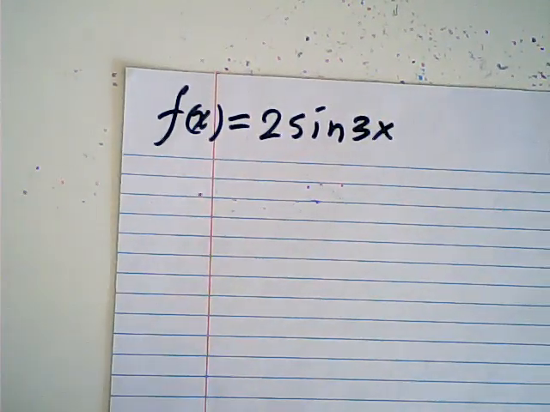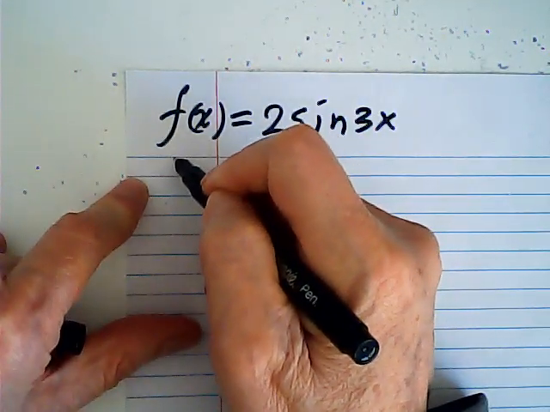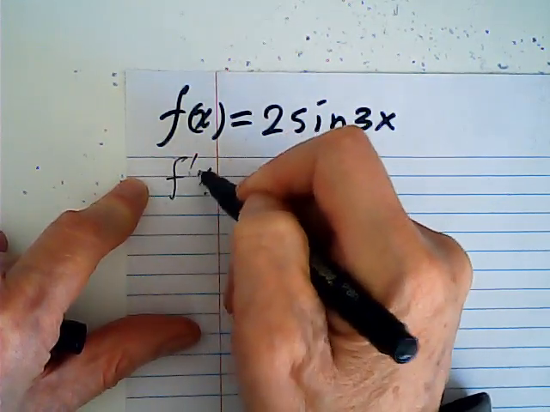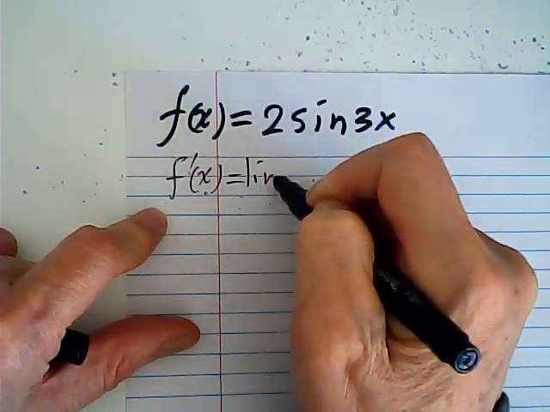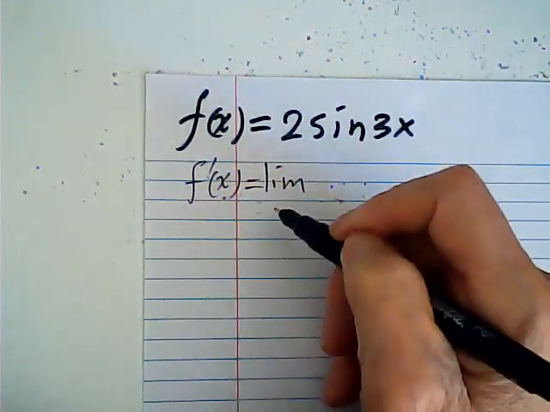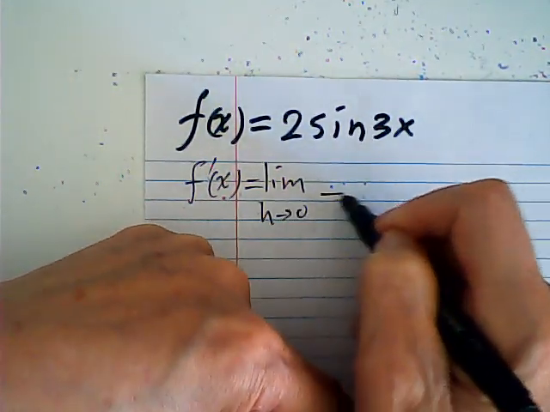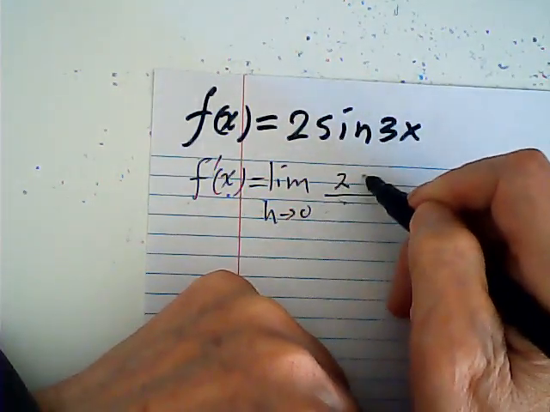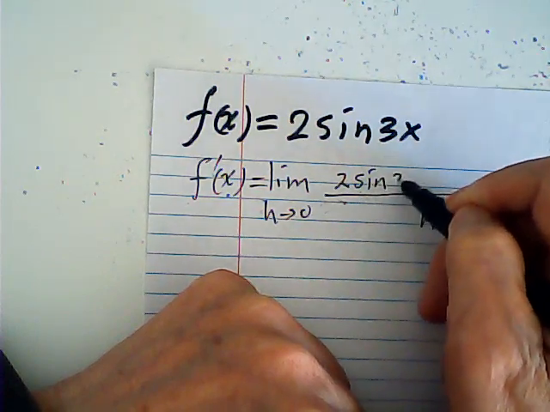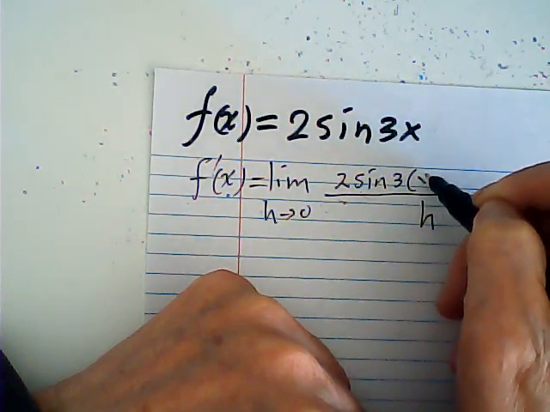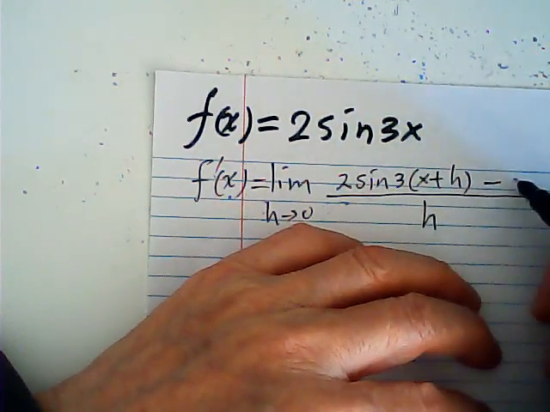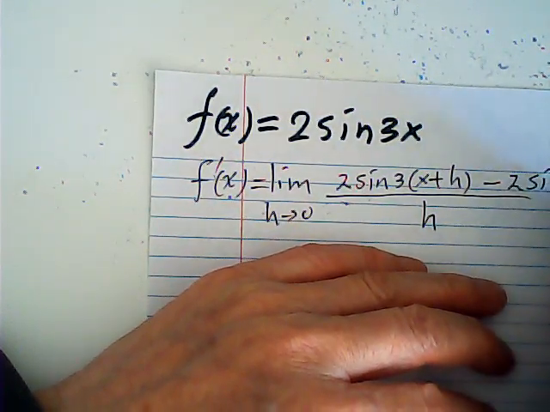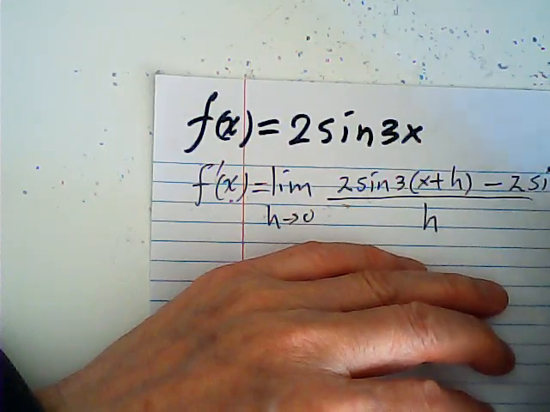Okay, then let's do the second one. This one. The derivative of f with respect to x is equal to the limit as h goes to 0 of 1 over h times 2 sine of (3x plus h)... right, minus 2 sine 3x.